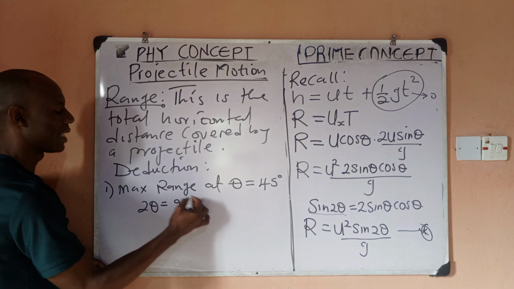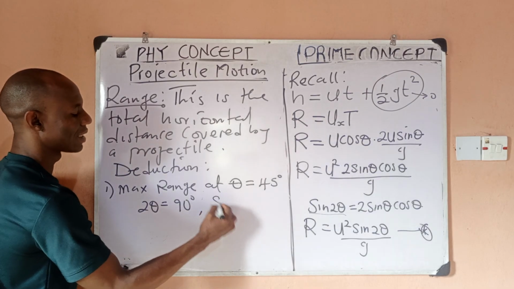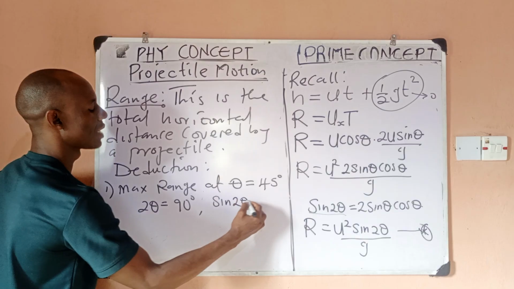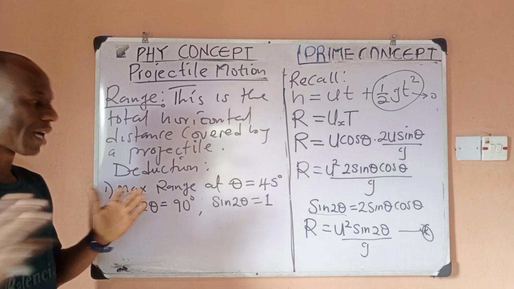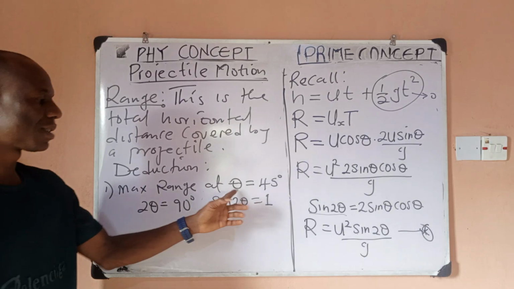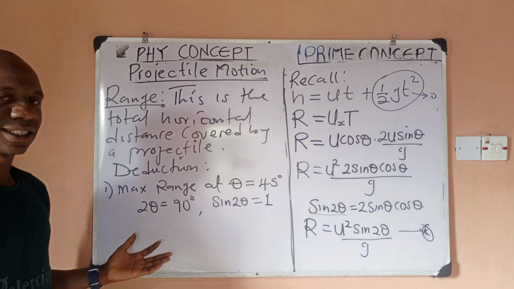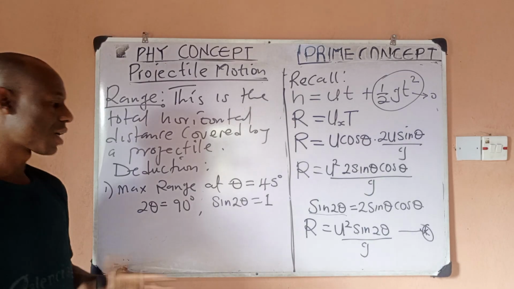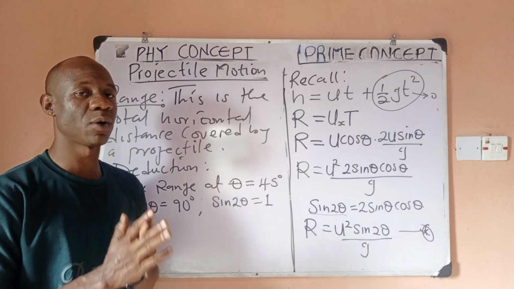So if 2 theta is 90 degrees, it also means that sine 2 theta is going to be 1. So they can use any of these things. These are conditions for maximum range: when theta is 45 degrees, or when 2 theta is 90 degrees, which is the implication, or when sine 2 theta is 1. Any of these things are conditions for maximum range. So take note of that.